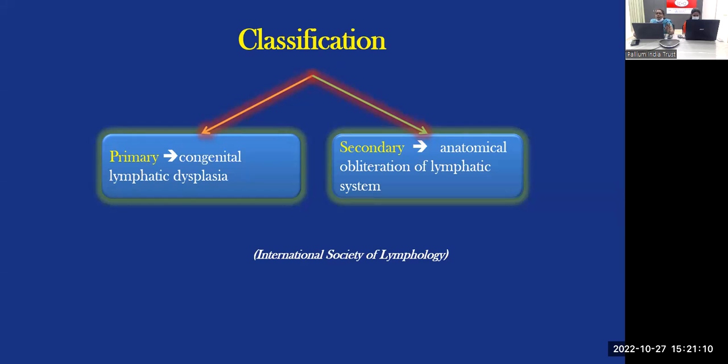That is the primary classification. The secondary is anatomical obliteration of the lymphatic system. Right now it is normal, but tomorrow, if there is any damage or problem in your lymphatic system, you will develop edema in the affected area. That is secondary lymphedema.